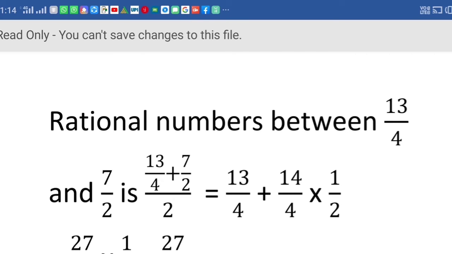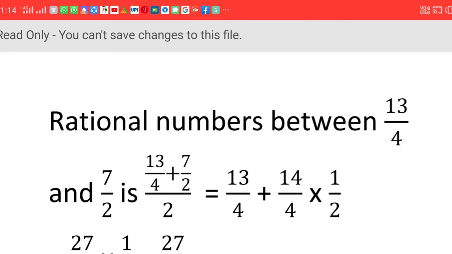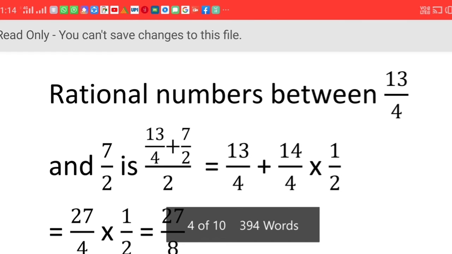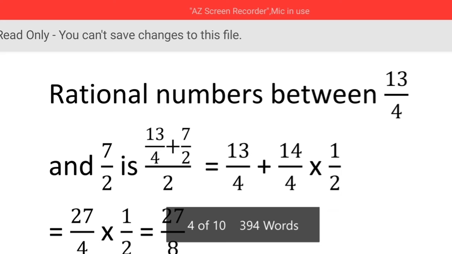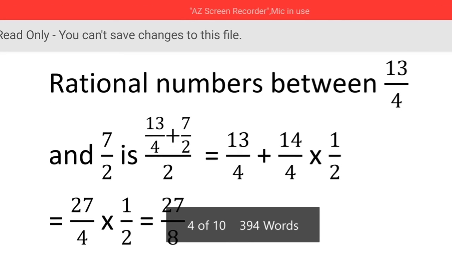Next number is rational number between 13 by 4 and 7 by 2. That is 13 by 4 plus 7 by 2, by 2. That is equal to 13 by 4 plus 14 by 4, multiply 1 by 2.